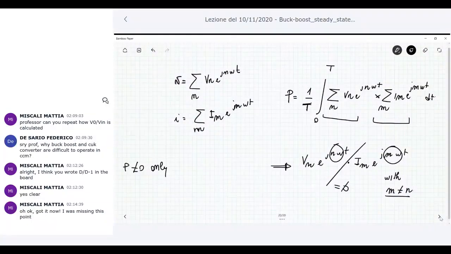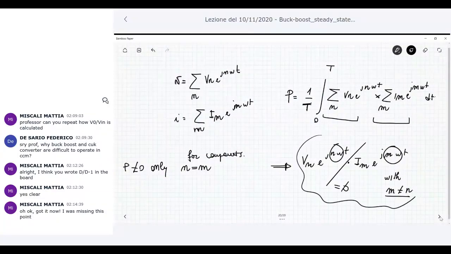So you have a power which is not null only when you multiply components that have n equal to m, only for components of the Fourier expressions that have this kind of contribution.